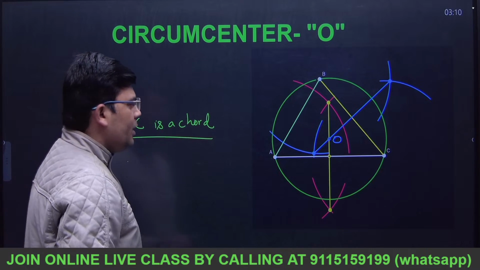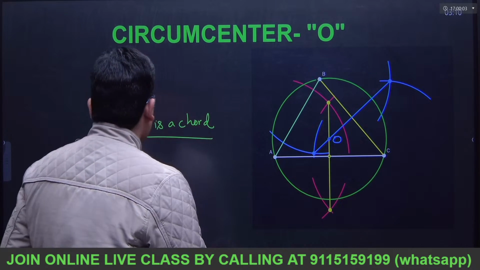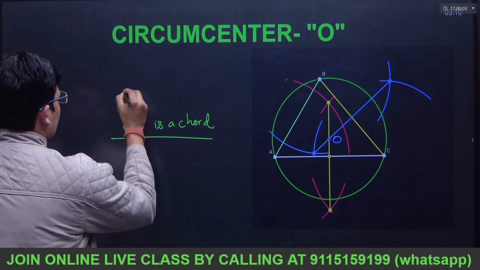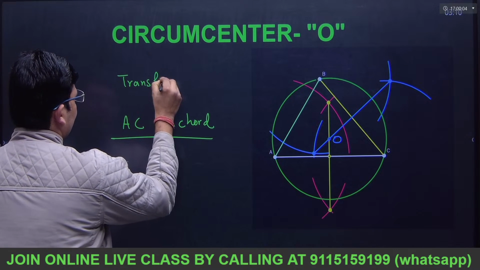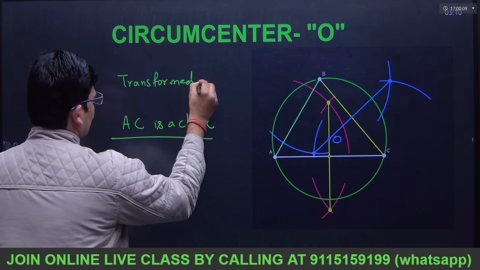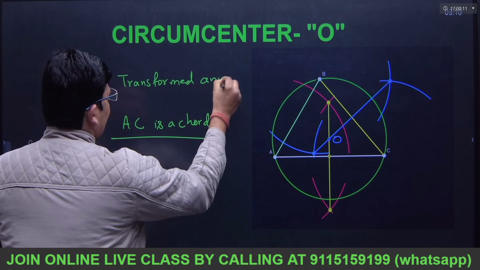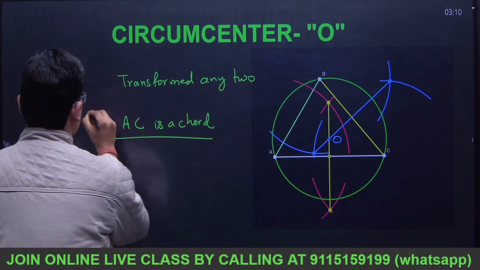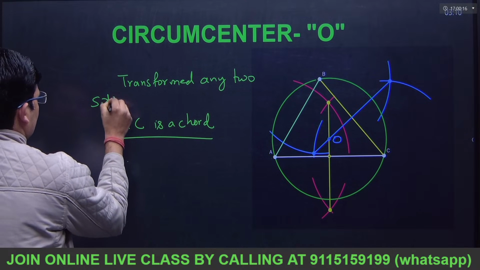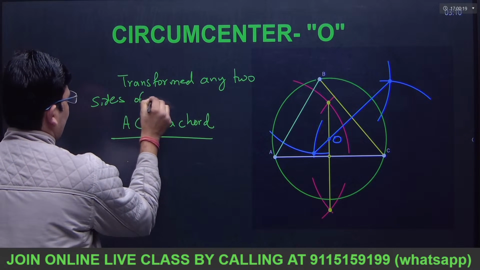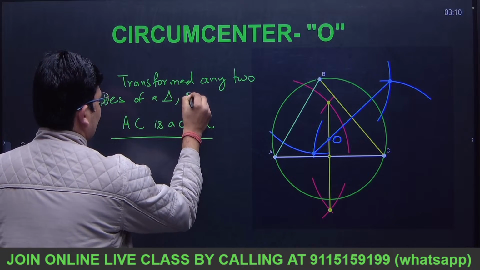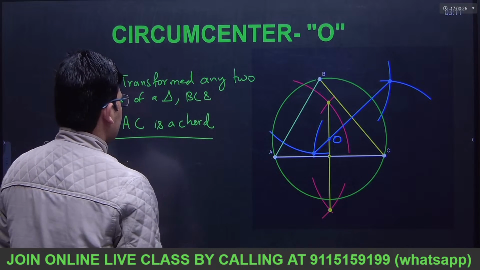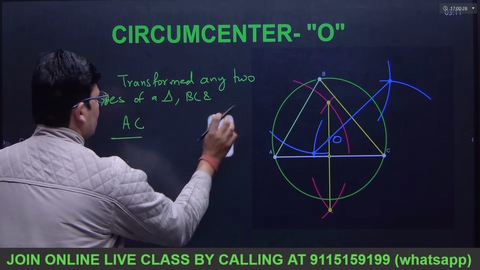We transformed AC into a chord, and we transformed BC also into a chord. So we transformed any 2 sides of a triangle, in this case let us say BC and AC, into chords.